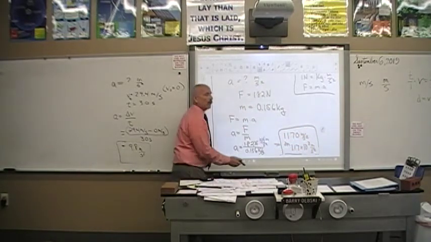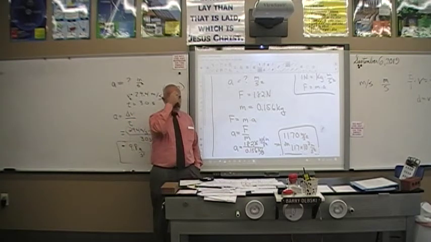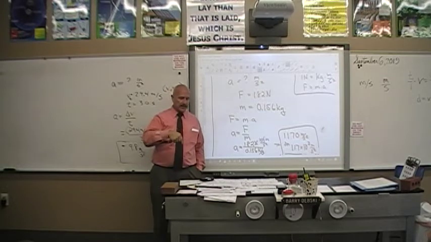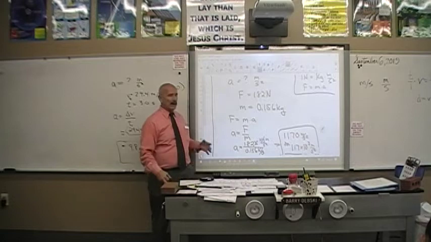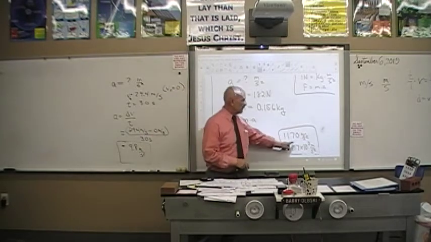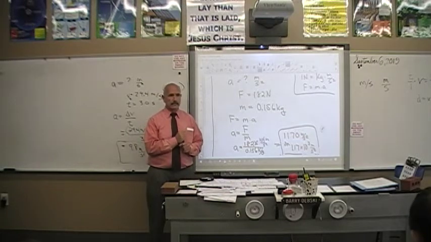You don't have to give me both, one or the other. Again, that's going to round to 3 sig figs, 1170 or 1.17 times 10 to the third. Questions here?